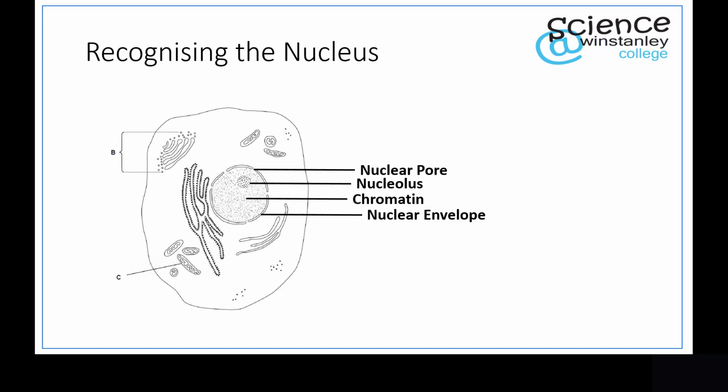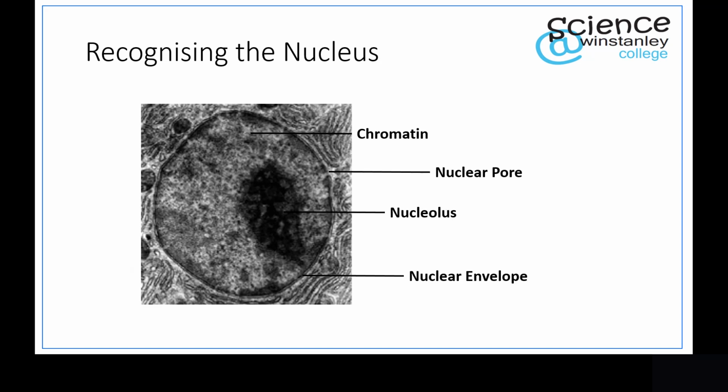Now, not only do you have to recognize the nucleus from a drawn diagram like this, you also have to recognize the nucleus from a photograph. So this is known as an electron micrograph. And these are photographs that can be taken using an electron microscope. And it reveals all of the detail there of this real life nucleus.